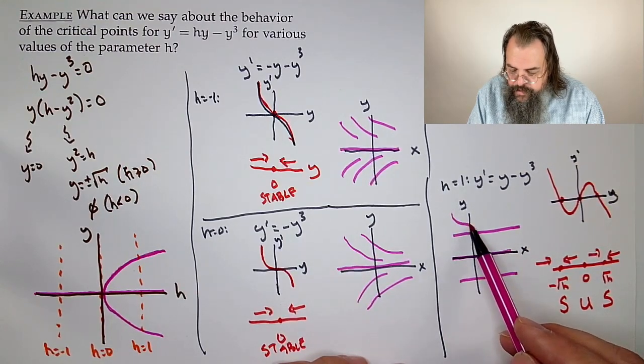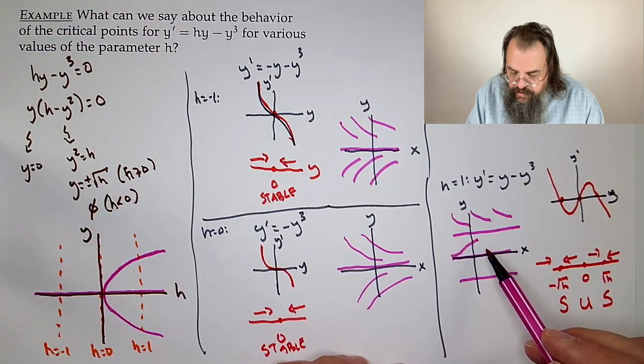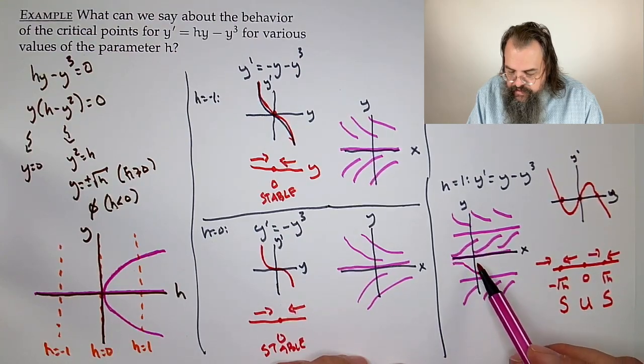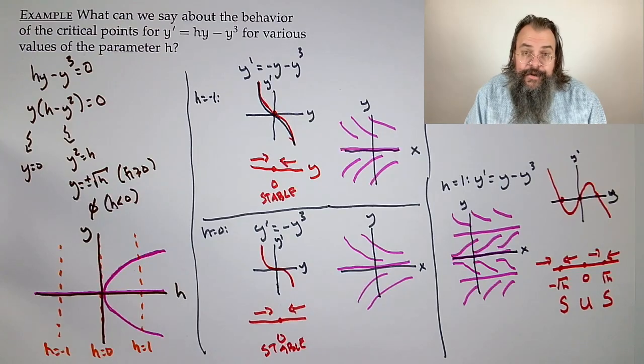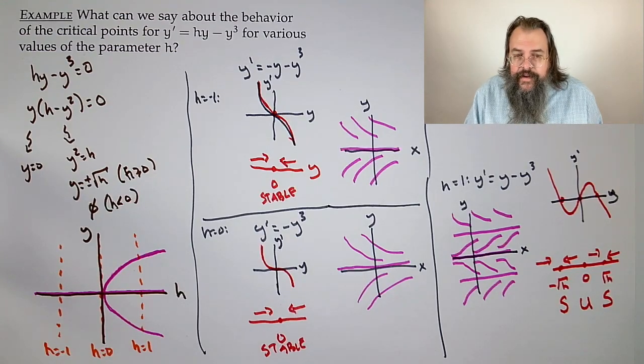Positive root h is stable, so it attracts solutions. And also minus root h is stable, so it attracts solutions as well. So we have that type of behavior. And that's our diagram.